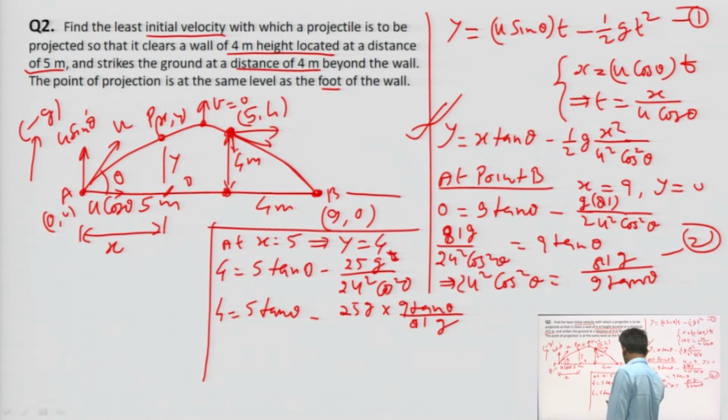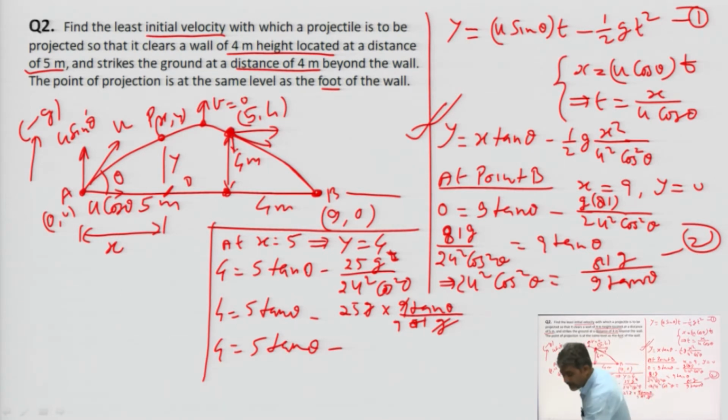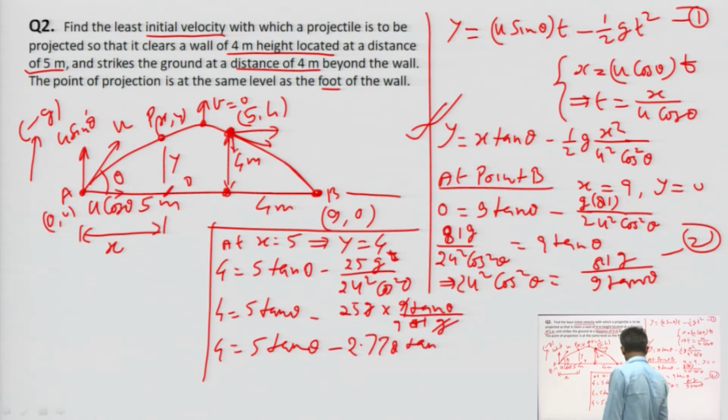So, what is the value of tan theta here? Tan theta minus what is remaining, g is cancelled out. So, it is 9, so 25 by 9, 25 divided by 9, it is 2.778 into tan theta.